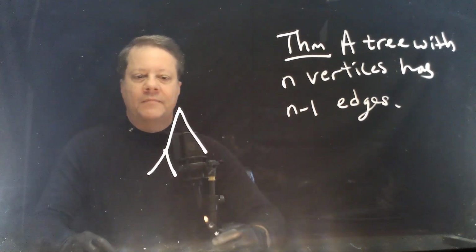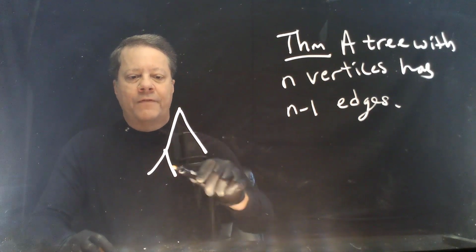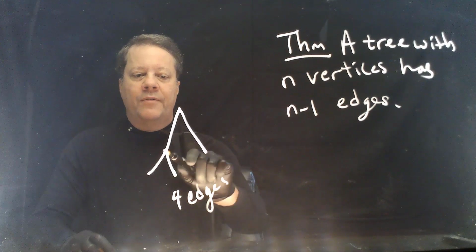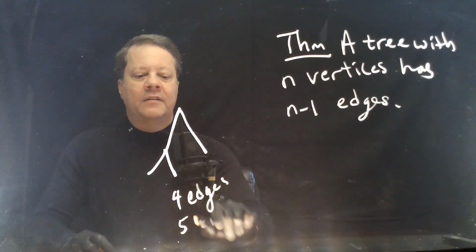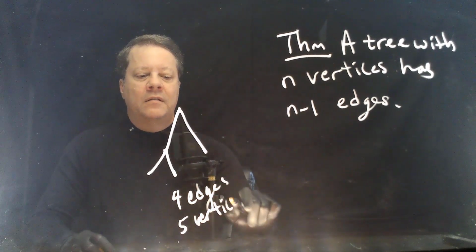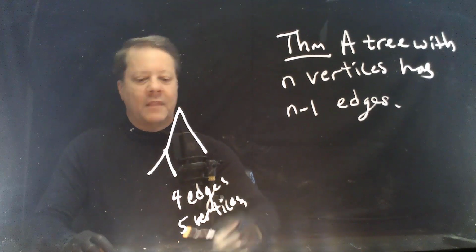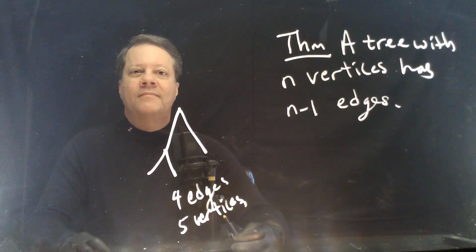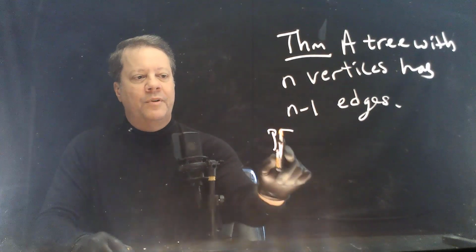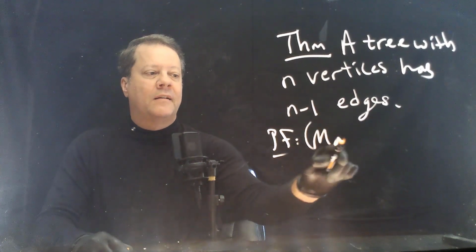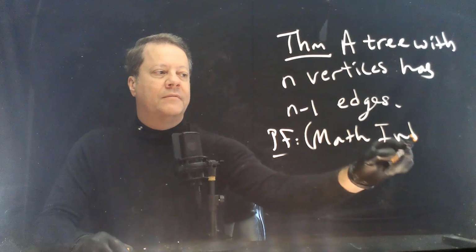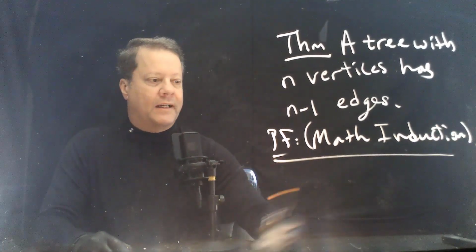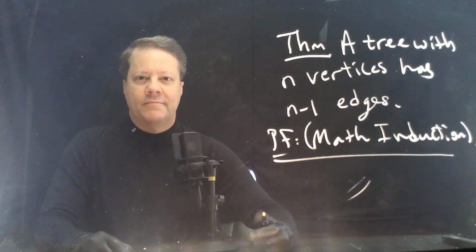Here's a tree, and we have 1, 2, 3, 4 edges, and 1, 2, 3, 4, 5 vertices. So if n is equal to 5, then n minus 1 will be 4. The proof is by math induction, and I'll let you look that up in your text.